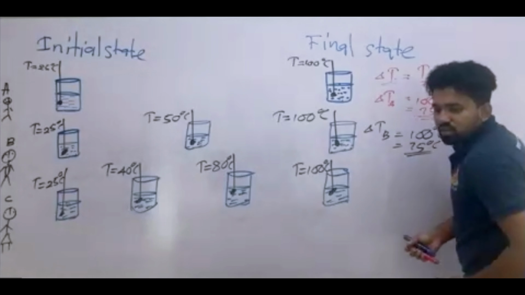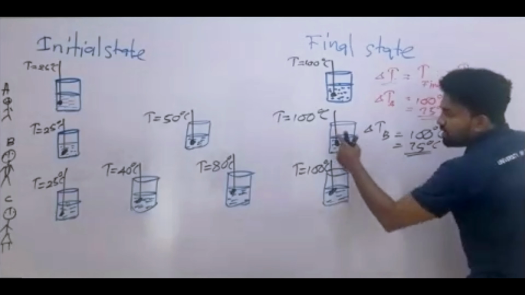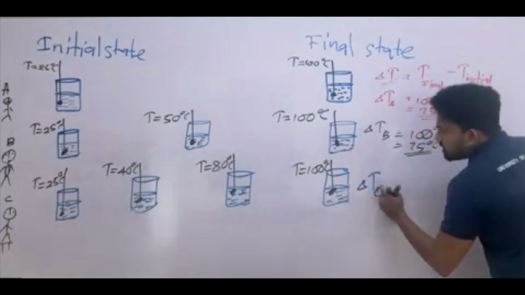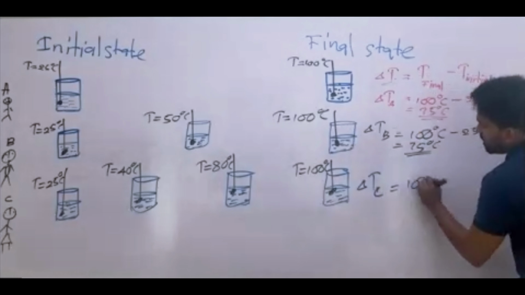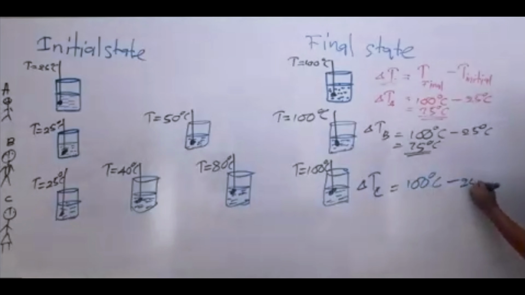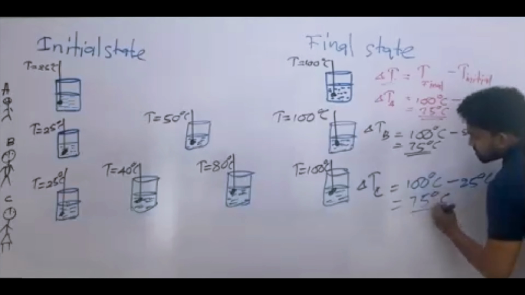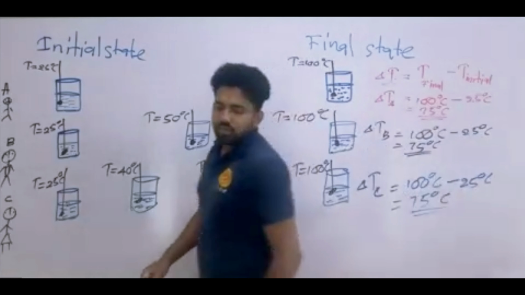Now let's move to C. The temperature difference of C is 100 Celsius minus 25 Celsius, and that is also 75 Celsius.